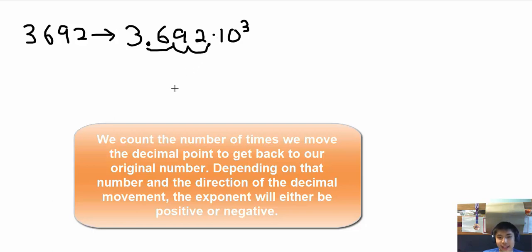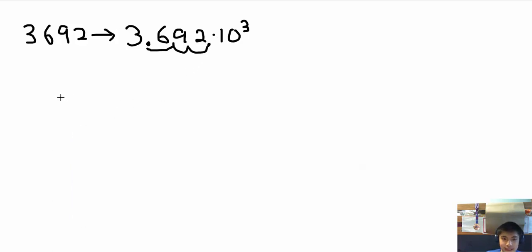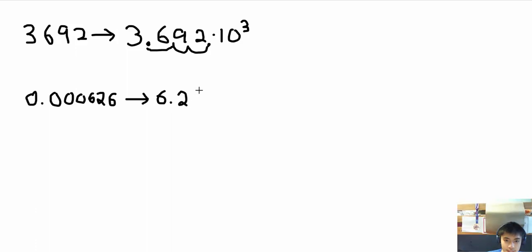Now, let's look at a negative exponent example. So we have 0.0000626. To convert this decimal into scientific notation, it would be 6.26 times 10.